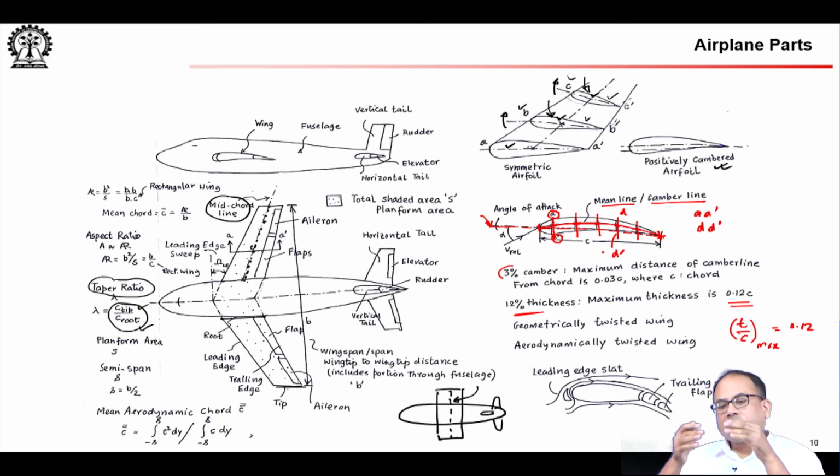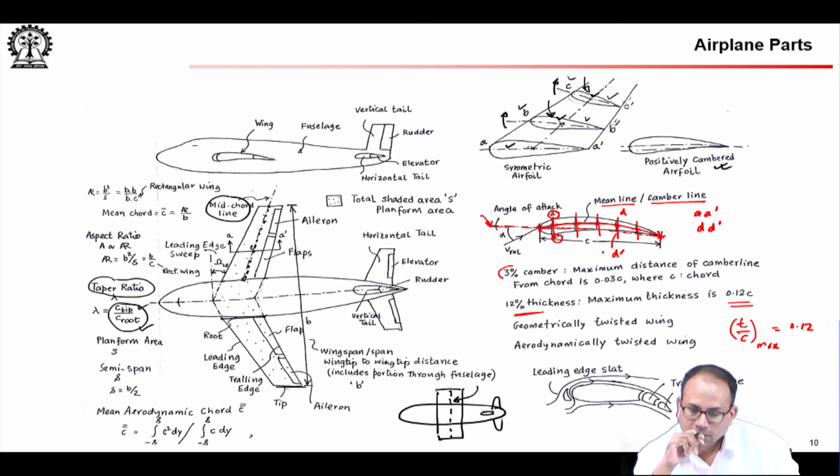It can also happen that your camber line or the mean line is below the chord of this airfoil. So, in that case, it is called negatively cambered if your mean line is below the chord.